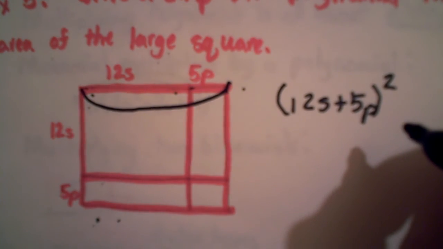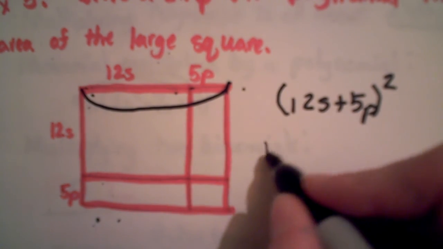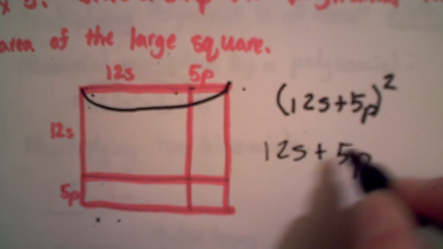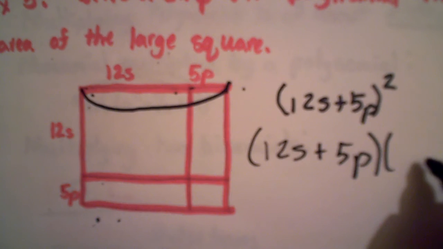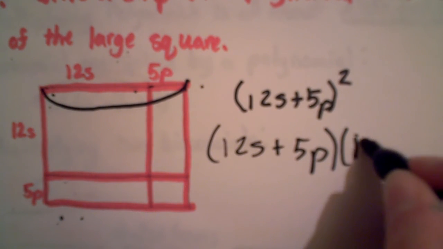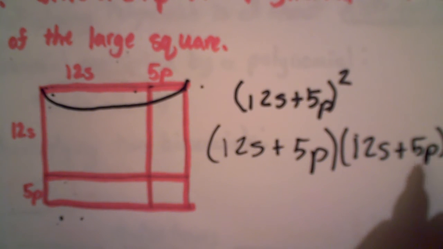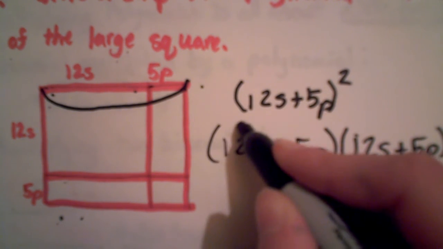We're squaring it. So we're going to FOIL, and we'll have 12s plus 5p, 12s plus 5p, and then we're just going to FOIL.